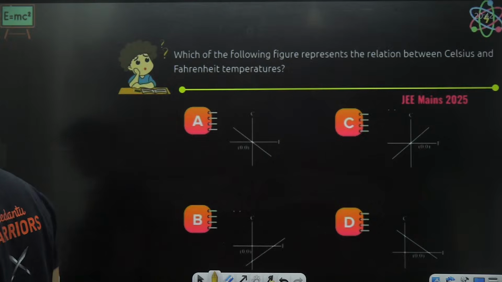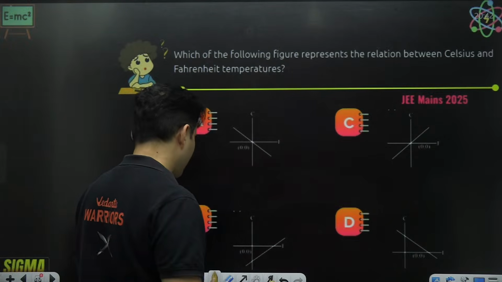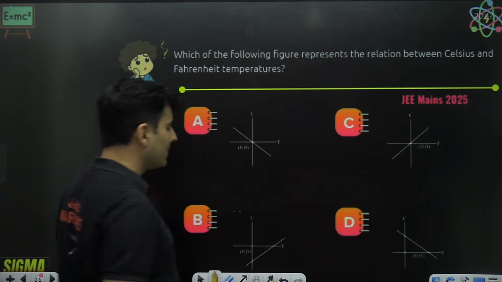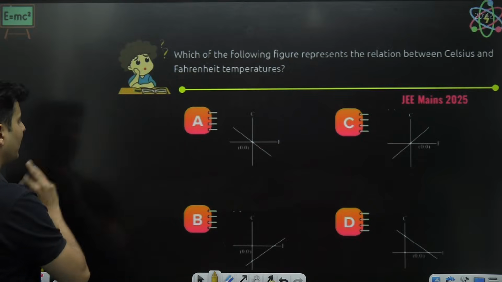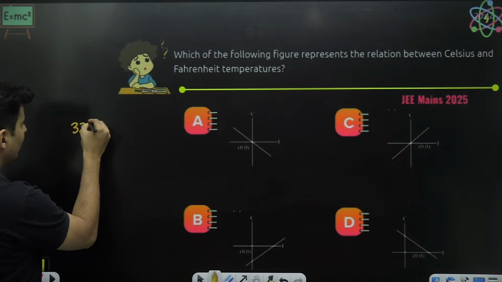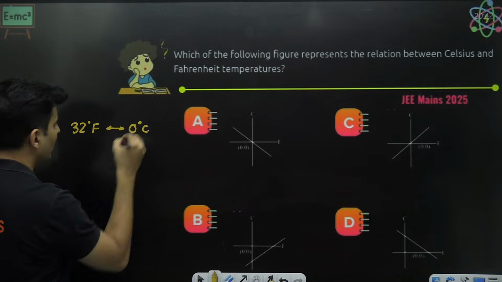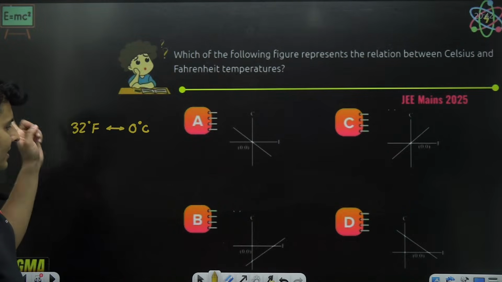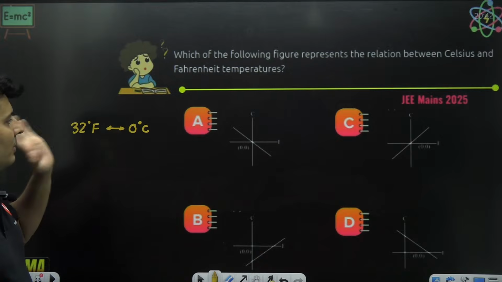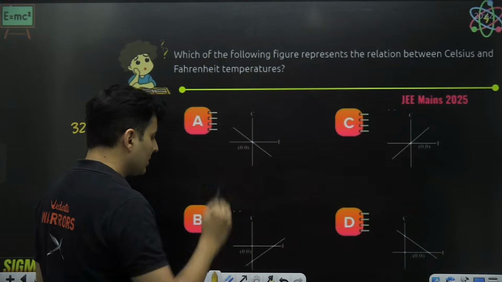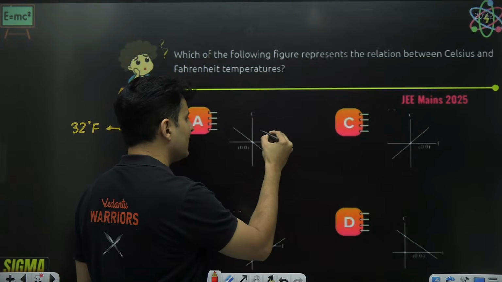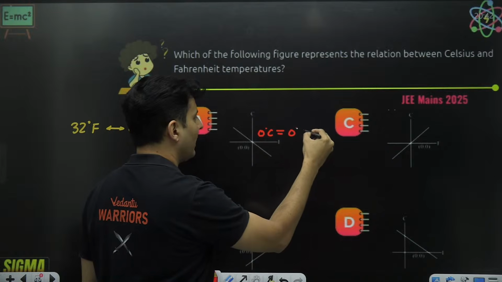Hi, Akshay. Okay. Celsius and Fahrenheit. Those of you who are still confused, think like this. Some critical data points: 32 degree Fahrenheit should be there corresponding to 0 degree Celsius. So when the Celsius scale is 0, Fahrenheit should be positive. Here, this is obviously wrong because you can see 0 Celsius is 0 Fahrenheit.